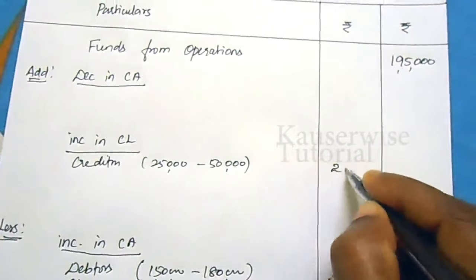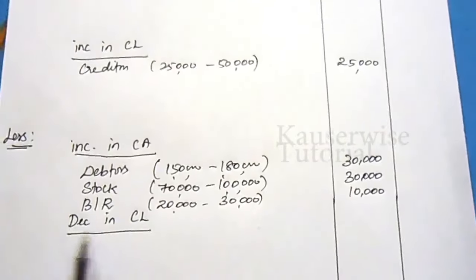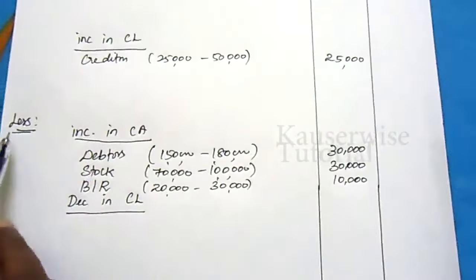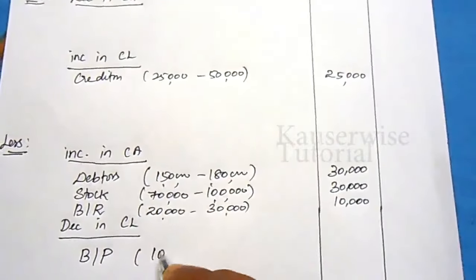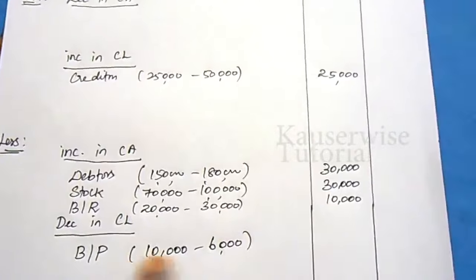How much? 25,000. Then bills payable. Last year 10,000. This year 6,000. What is the difference? 4,000 decreased. Any decrease in current liability will be subtracted. So under this heading, bills payable. So last year 10,000. This year 6,000. So 4,000 decreased.